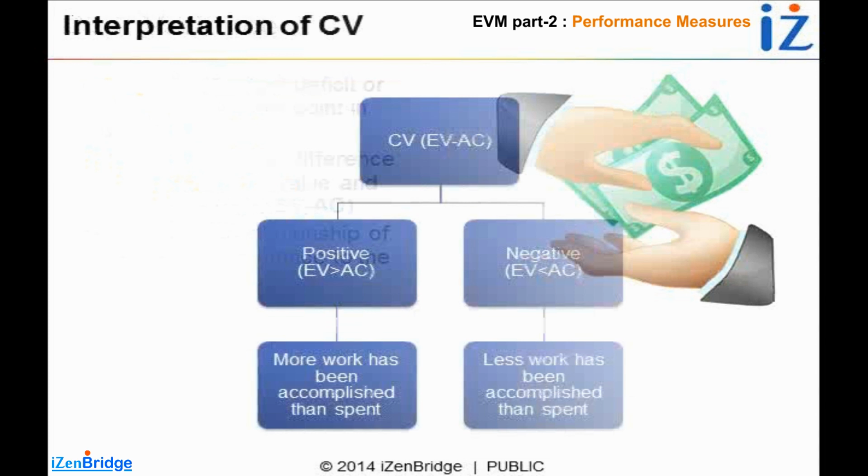Here we are not talking about schedule. Even if I do less work than planned, but if I spend less than the budgeted rate, I may still get a positive cost variance. So if my earning at that point in time is more than my spending, I get a positive variance, and the reverse is negative.